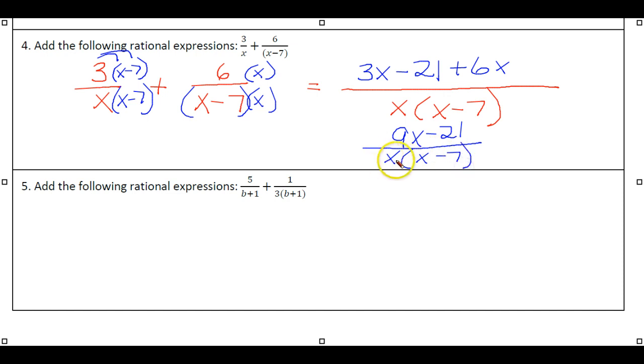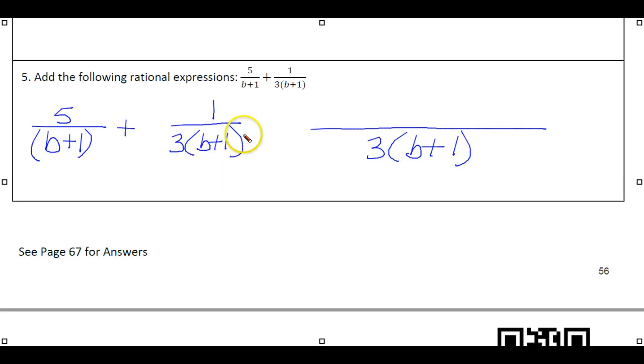Now you could distribute that and get x squared minus 7x, and then this will be 9x minus 21. But usually they want you to leave it in factored form, but they can't mark this one wrong. And this is how they are showing us in the answer key. All right, we'll clean this up and go on to the next.